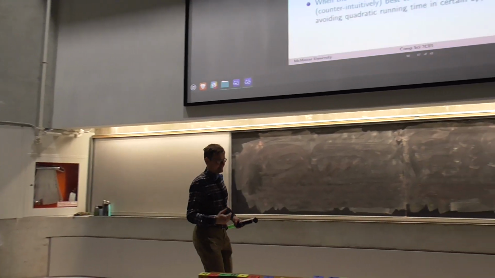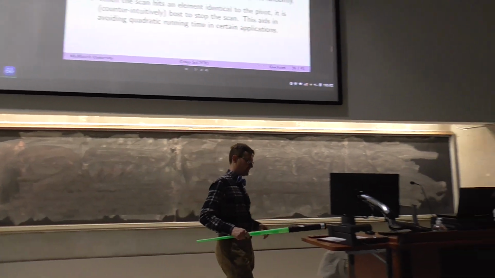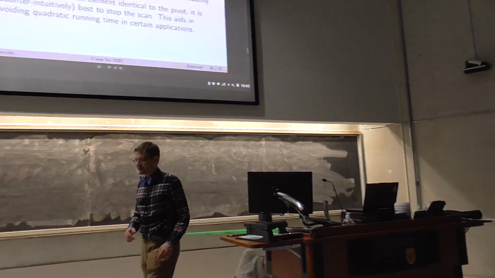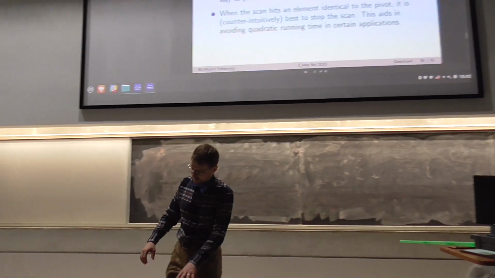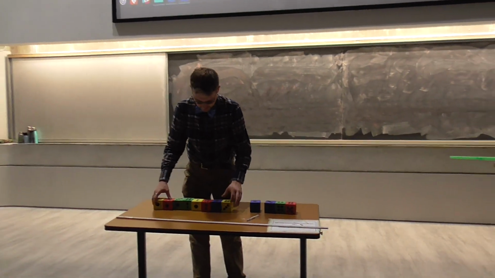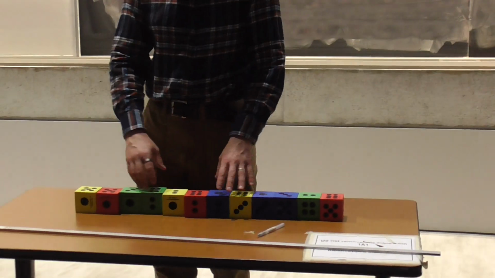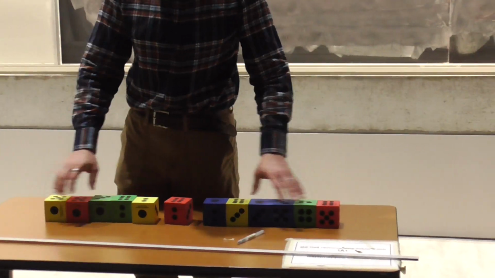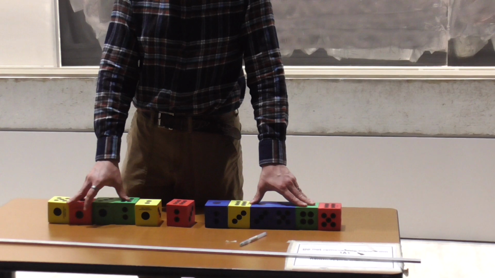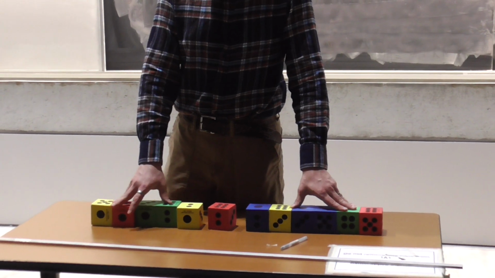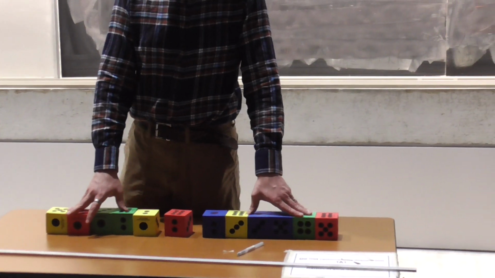The question is, if you want to see what the worst case is for quicksort, the whole thing hinges on the fact that these two partitions are not necessarily of equal size.